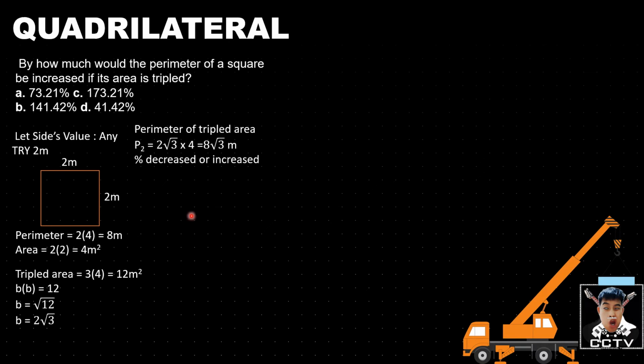At makikita natin na nag-increase yung perimeter. So, ito lang siya. Perimeter 2 minus perimeter 1 divided by perimeter 1 times 100%. Makukuha natin dito, 73.21% ang ilinaki ng perimeter pag triniple mo ang area ng isang square.